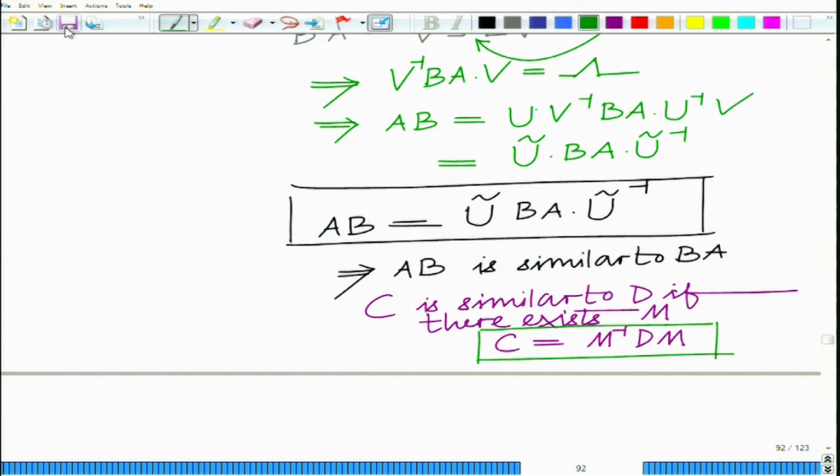So, in this case you can see these two matrices AB and BA, in fact, which have the same eigenvalues, alright, these are similar matrices.